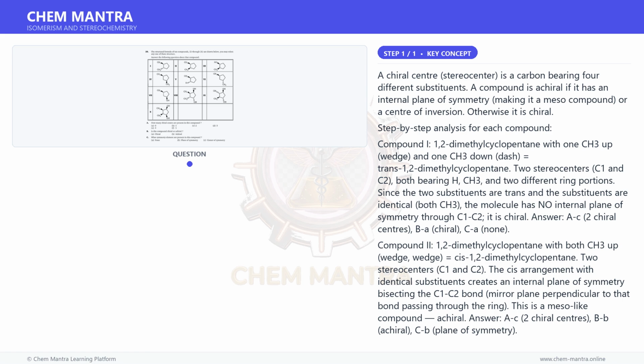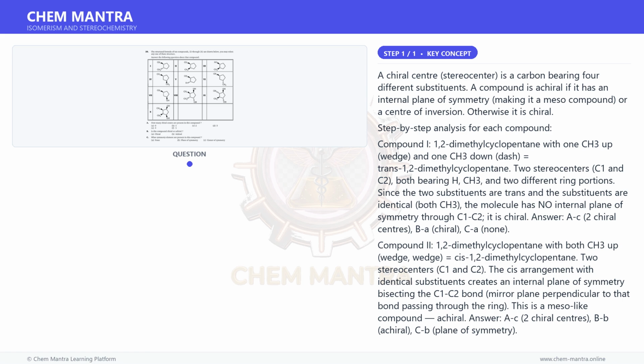Compound 9: same substitution pattern as 8 but different relative stereochemistry, CH3 wedge and O dash. 4 stereocenters, no internal plane of symmetry. Chiral. Answer: A, 4 chiral centers; B, A, chiral; C, A, none.